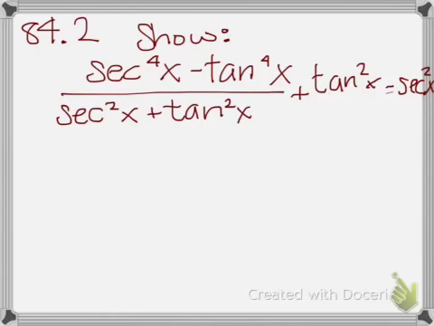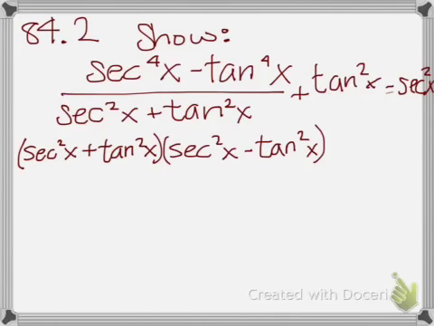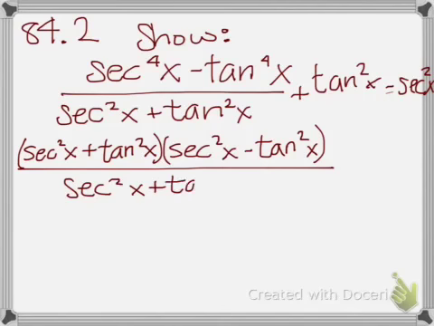Okay, this one's a long one. I would look at the top of the denominator first, secant to the fourth x minus tangent to the fourth x, and factor that out. So you get secant squared x plus tangent squared x times secant squared x minus tangent squared x. And then you can just write out the rest of it. You may notice now that you can cancel.